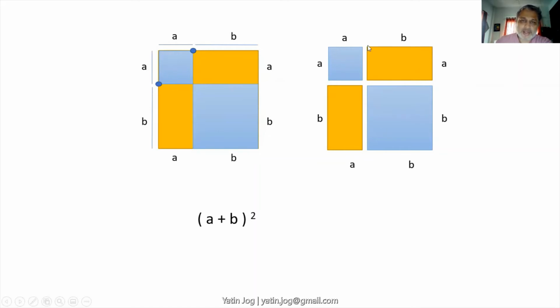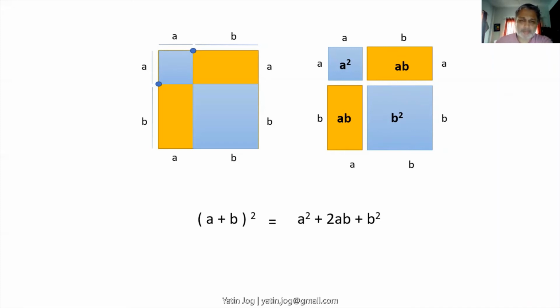We know the lengths of the sides also. So the areas will be a into a, that is a square, for the first portion, a into b, that is ab, for the second, and the third is also ab, and the last portion is b into b, that is b square. So the total area is the addition of all these areas, that is a square plus ab plus ab, that is 2ab, plus b square. And that is why (a plus b) bracket square is a square plus 2ab plus b square.